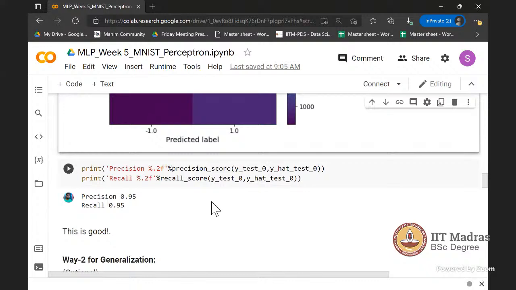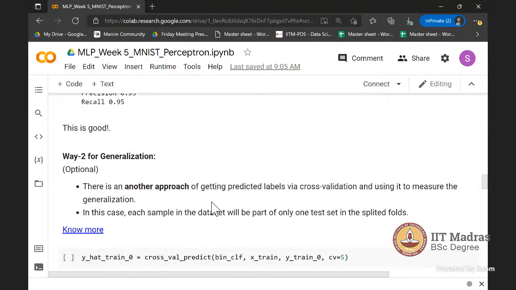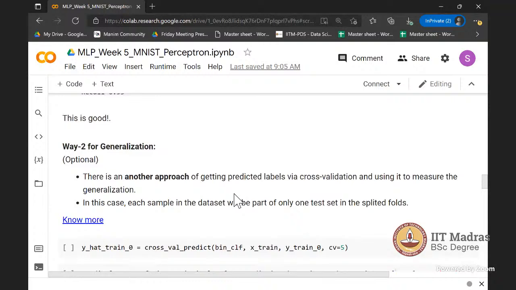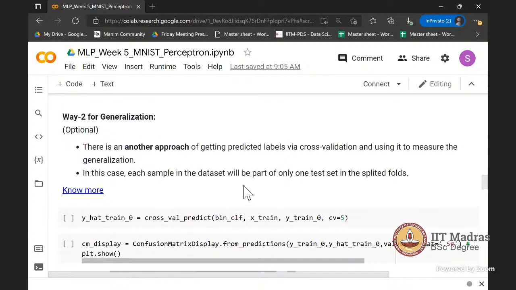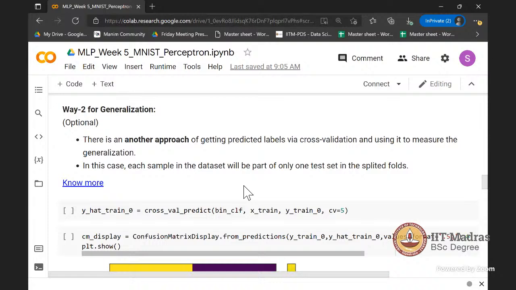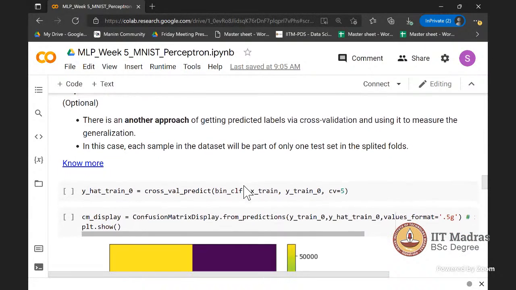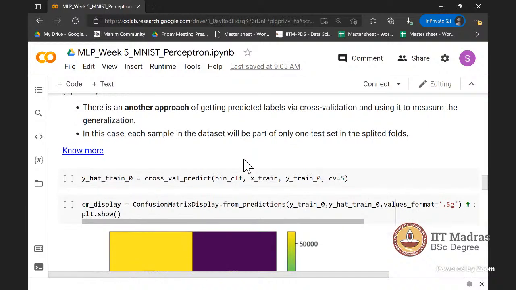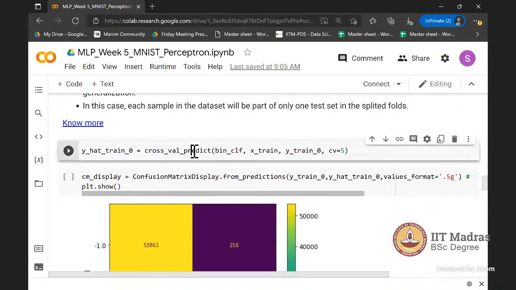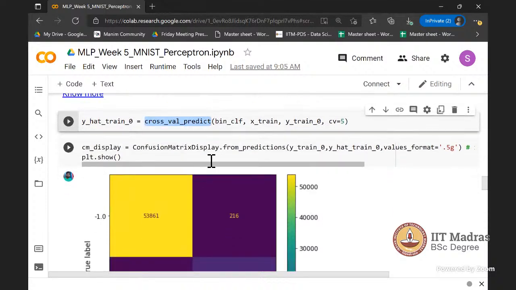Next, we compute precision and recall. All right, okay, got it.